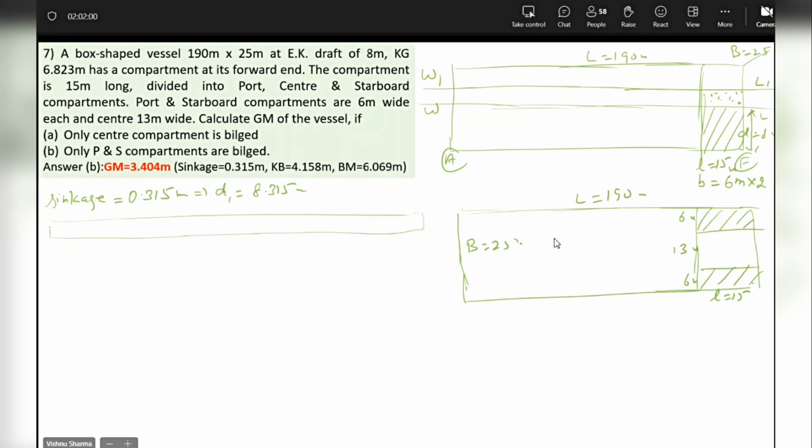As the water plane is identical from keel to W1 L1 in the bilge condition, KB final will be D1 by 2, 8.315 by 2 equal to 4.156 meters. Correct, beta? Correct, guys?